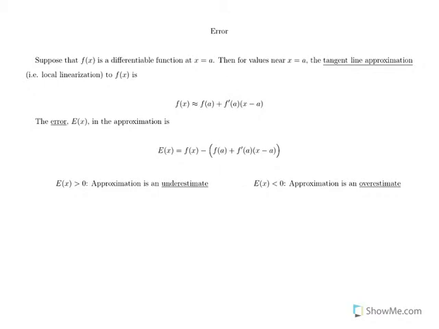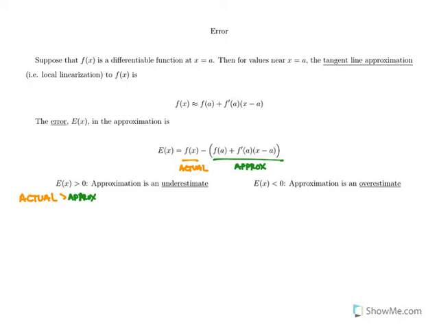So the error is going to be the difference in those two values: the actual value minus the approximation. So if that error is positive, that means that actual is greater than approximation, which is saying that we have an underestimate.